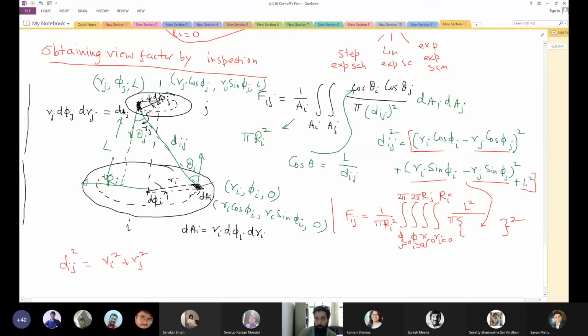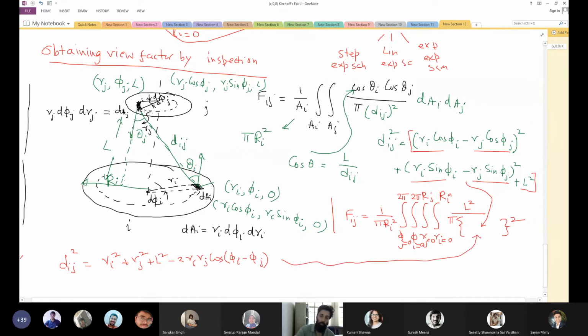There is L square. And now you have minus twice Ri Rj cos phi I cos phi j minus twice Ri Rj sin phi I sin phi j. So you will have negative of 2 Ri Rj cos of phi I minus phi j. So this actually goes here.